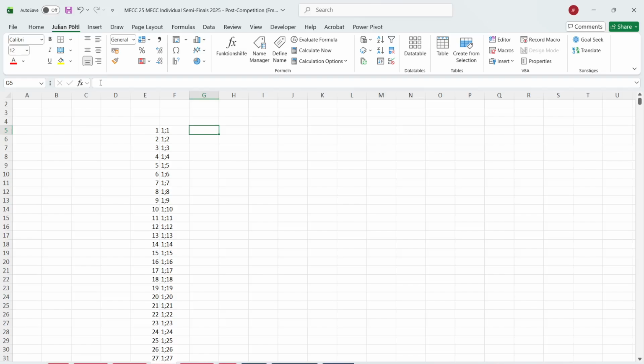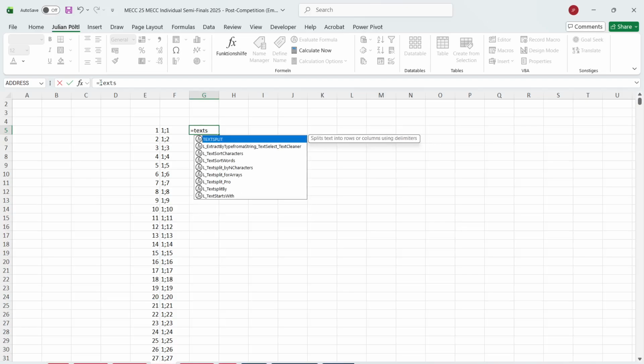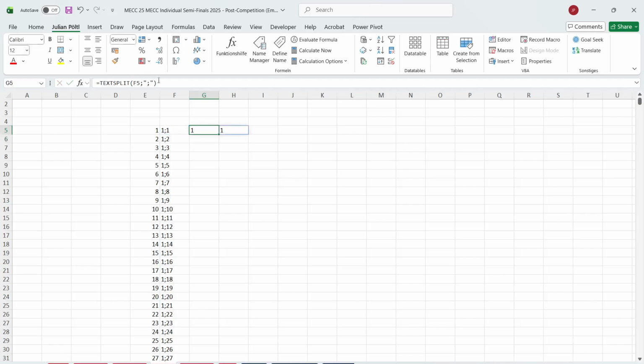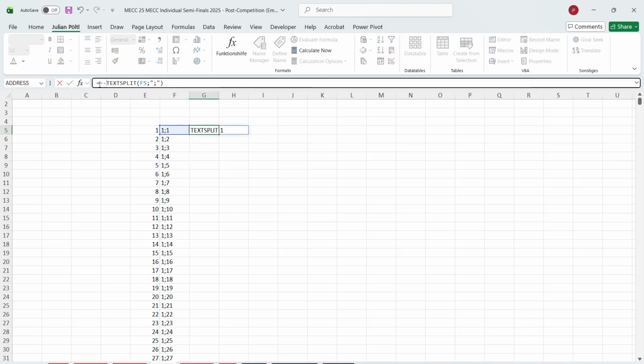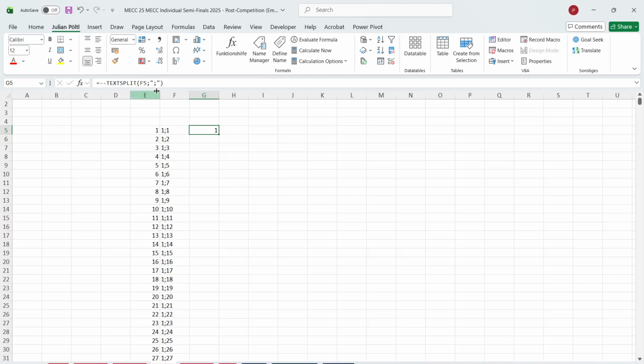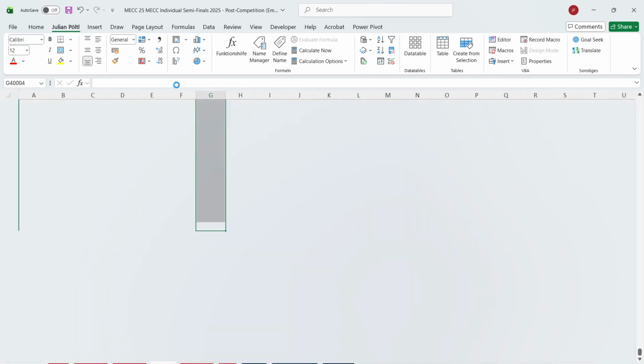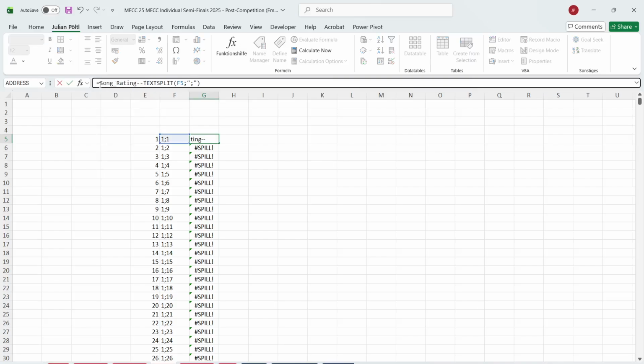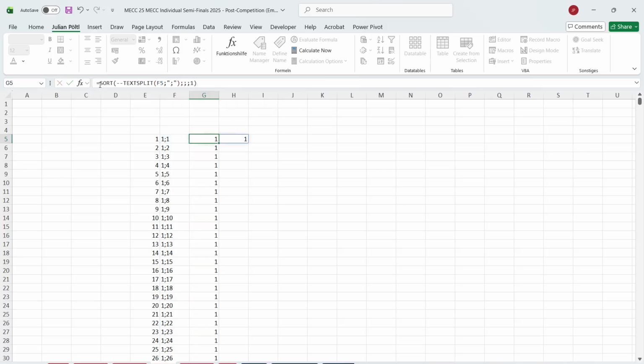Okay, only when it's unique. So split this. Make it a number. Spill. And sort by column.